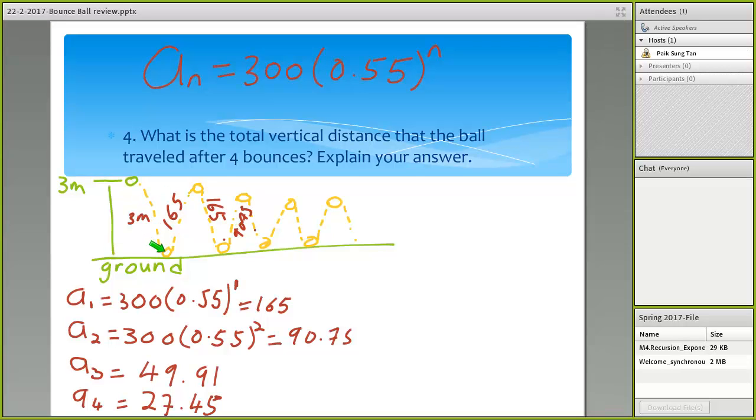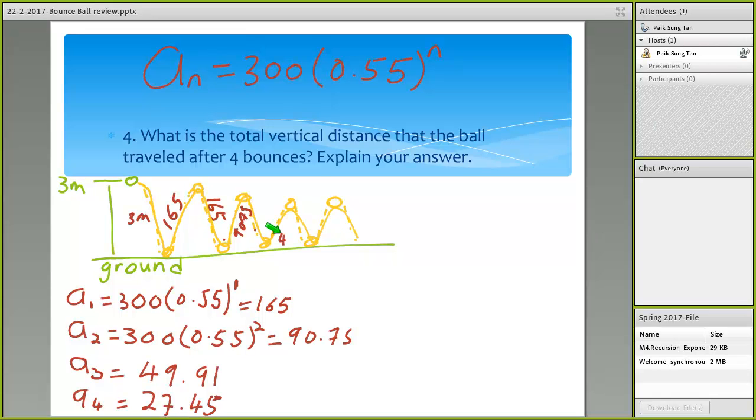So the ball falls from 3 meters, bounces up the first bounce, second bounce, falls down from here, third bounce, fourth bounce.